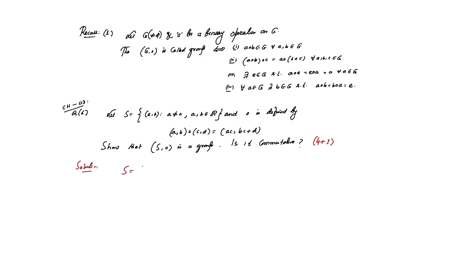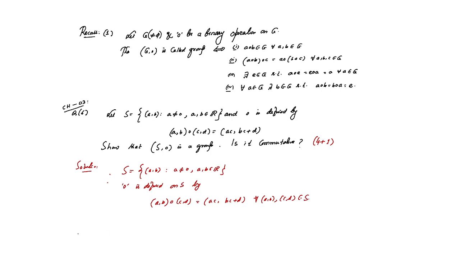The set S equals all these ordered pairs (a, b) such that a is a non-zero real number and b is a real number, and the binary composition ∘ is defined on S by (a, b) ∘ (c, d) equals (ac, bc + d), for all (a, b), (c, d) belongs to S.